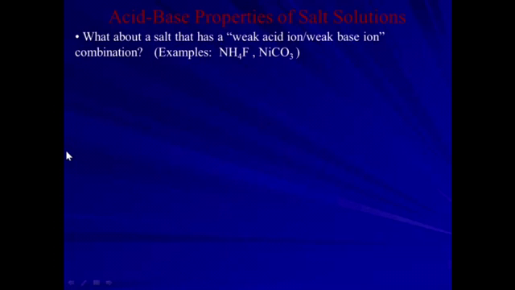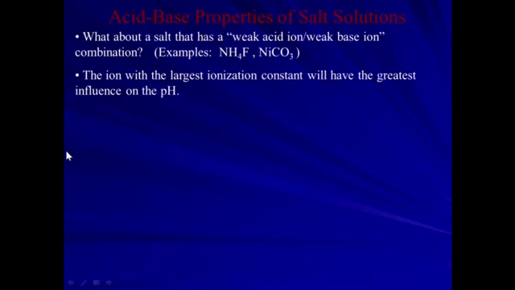What about a salt that has a weak acid ion and a weak base ion? These are some of the examples from previous. The ion with the largest ionization constant will have the greatest influence. So what I did is I tried to combine this ion, you've seen it before, it's the ammonium ion.